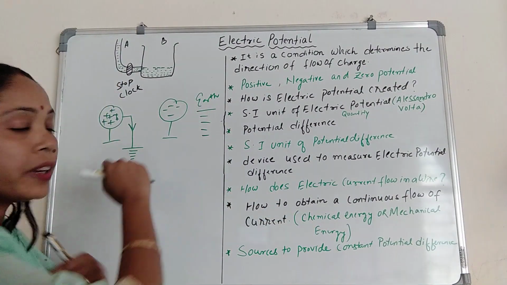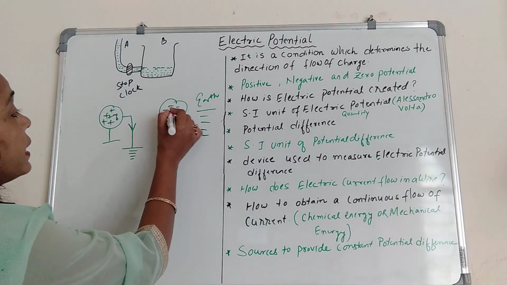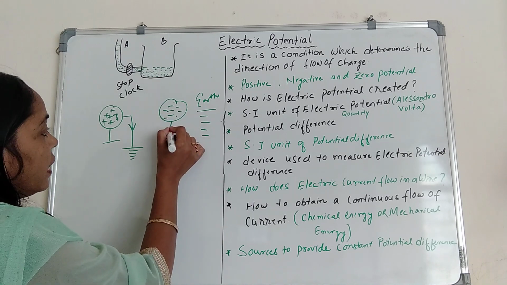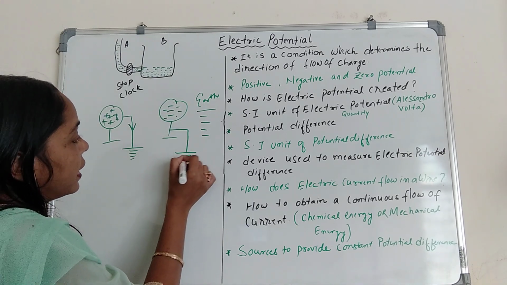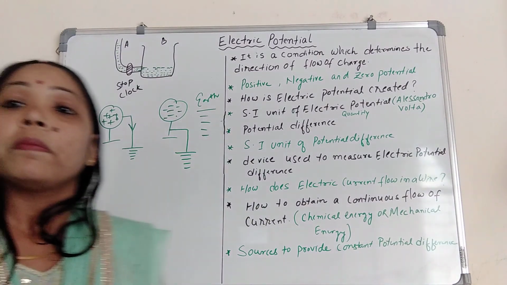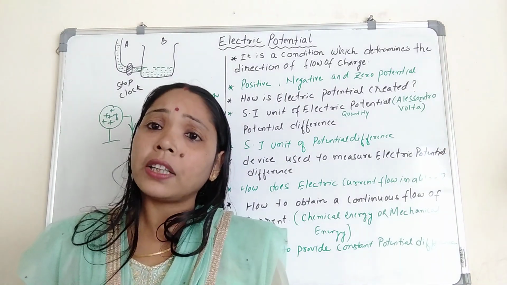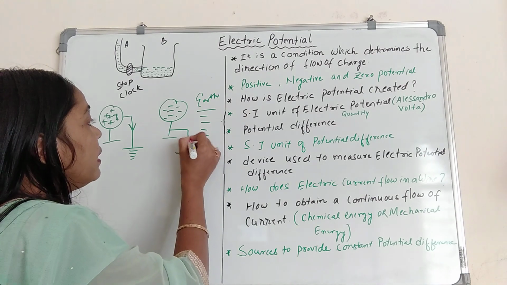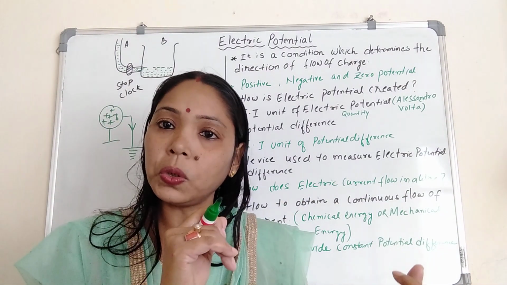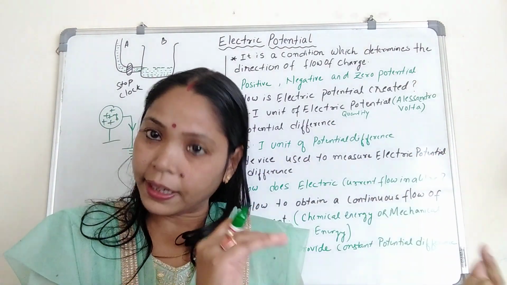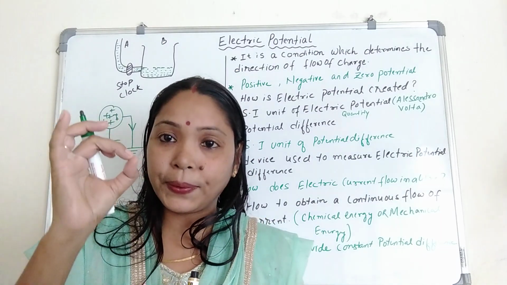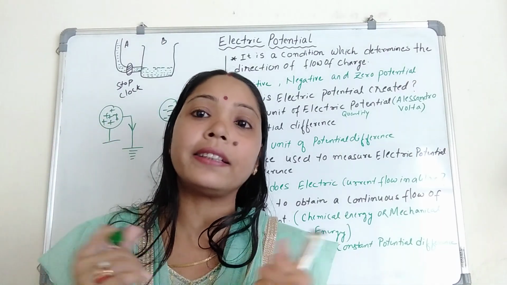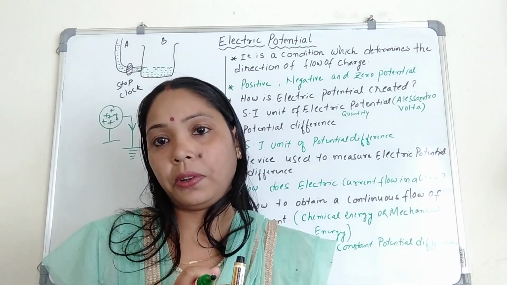Now come to the second figure. Here, the negatively charged body, if you connect this one to the earth, then the flow of charge will be in reverse. Now, the flow of charge will be from earth to the negative body, because zero is always greater than the negative values.